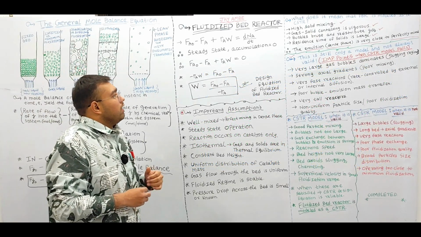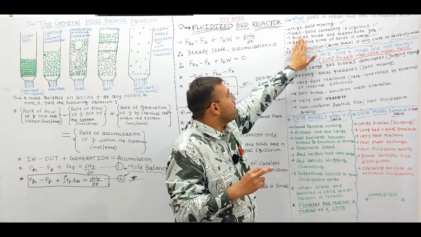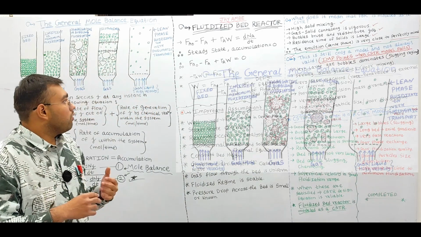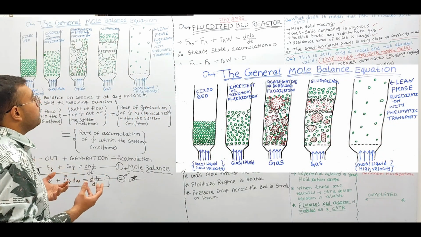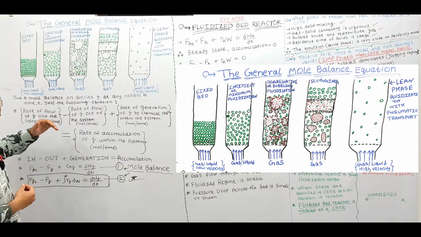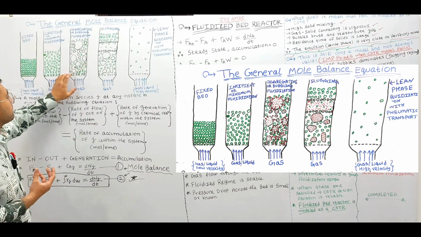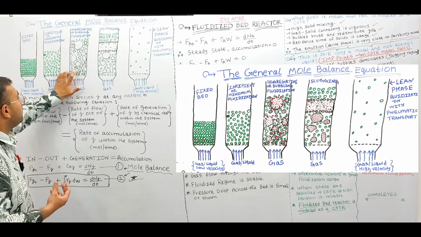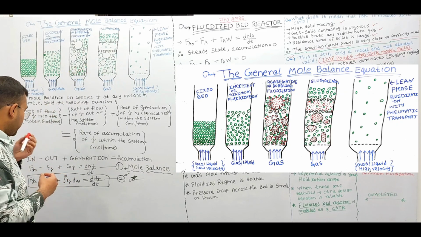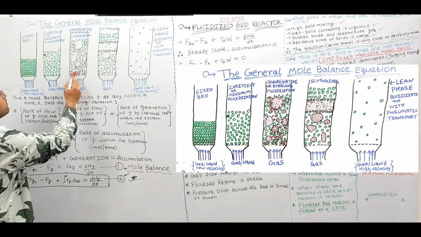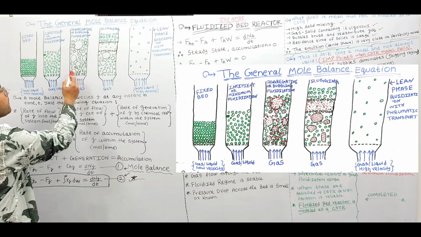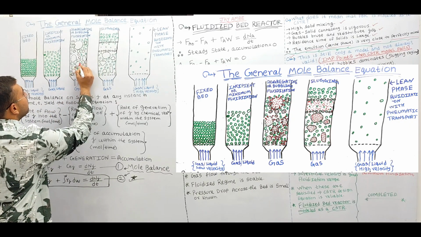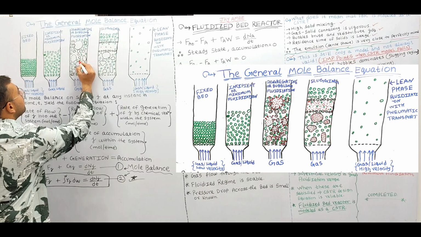The second point is that the gas-solid contacting is vigorous, right? Now what will happen? The gaseous phase which is present in the bubbles will diffuse into the solid catalyst phase, right?